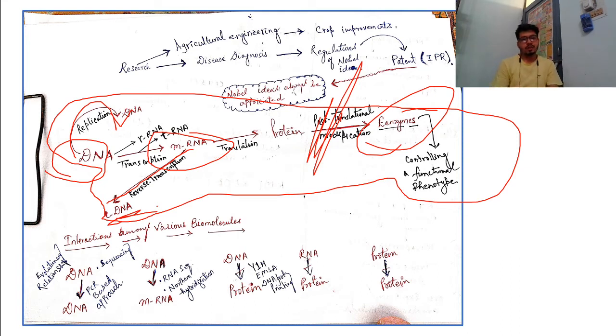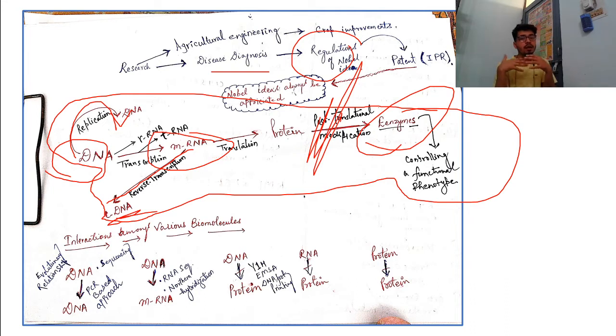So what is the meaning of your research? If you diagnose a disease, then you will try to know the novel idea and how this idea is going to be incorporated. And if you discover some drug, then what will you do? You will patent it. If your idea is so novel, everyone will appreciate you.